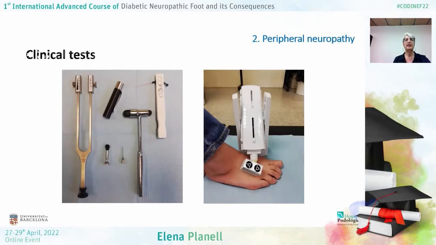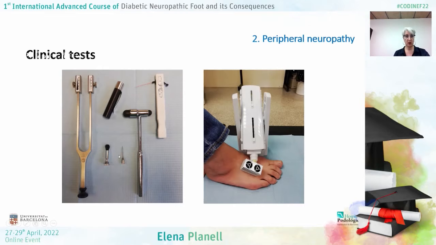The following clinical tests may be used to assess small and large fiber function and protective sensation. Small fiber function with the pinprick and a rod to measure the temperature. Large fiber function with the tuning fork and the monofilament, and protective sensation with a monofilament.